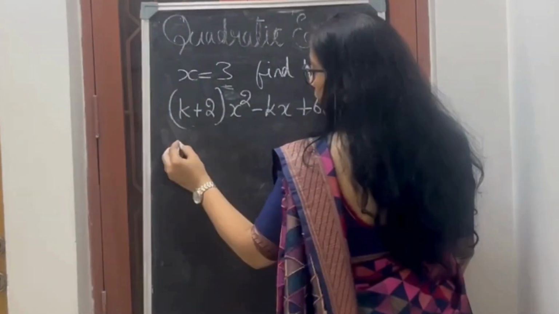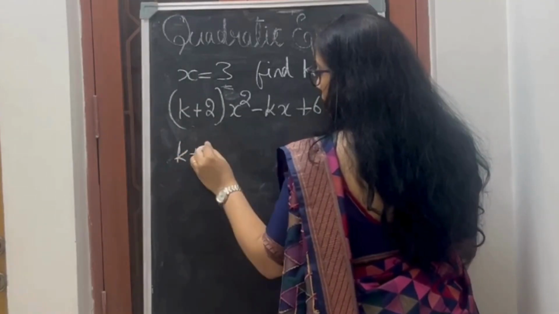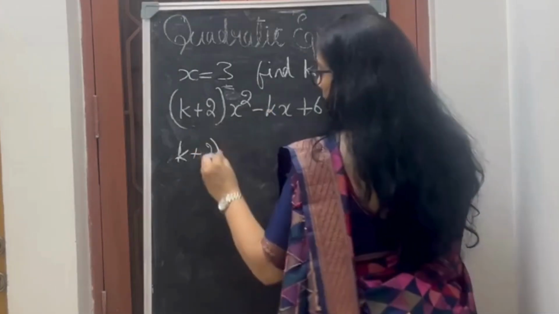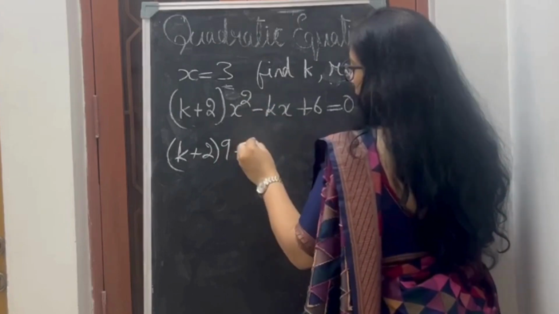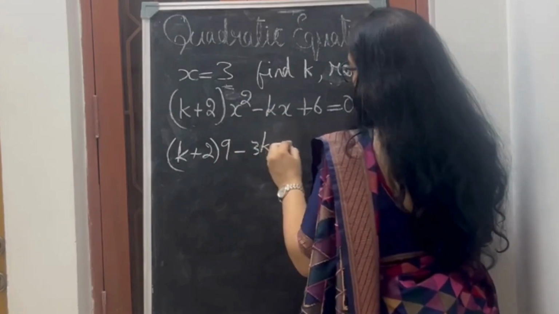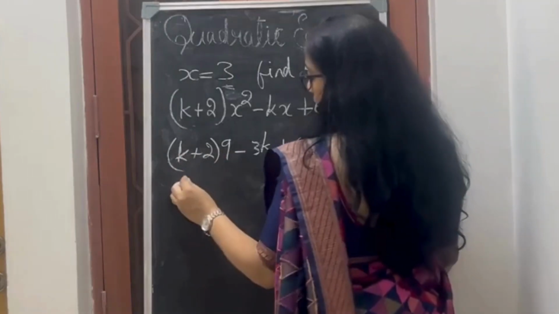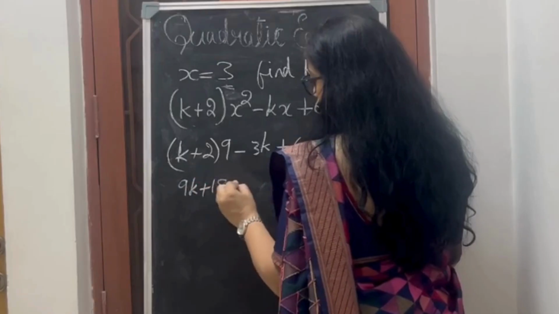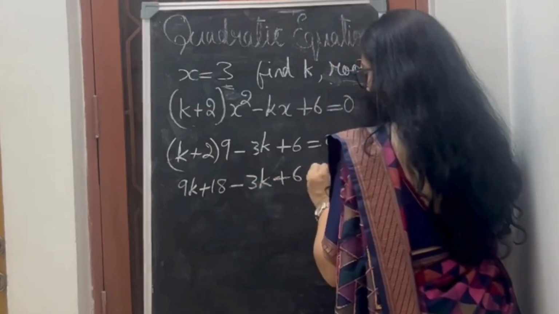So, k plus 2 x square. What is x? 3 square, that is 9, minus 3k plus 6 equals 0. So 9k plus 18 minus 3k plus 6 equals 0.